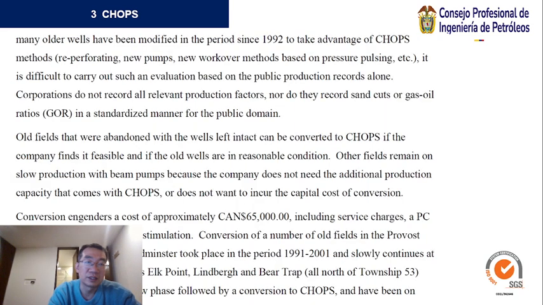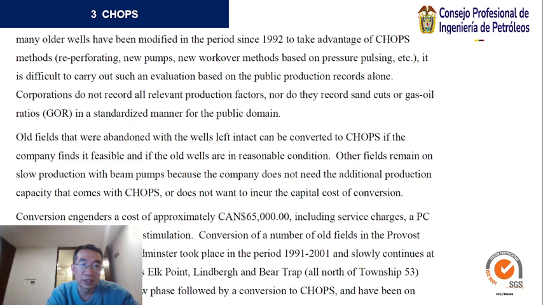Furthermore, since many older wells have been modified in the period since 1992 to take advantage of CHOPS methods, it is difficult to carry out such an evaluation based on the public production records alone. Corporations do not record all relevant production factors, nor do they record sand cuts or gas oil ratios in a standardized manner for the public domain.